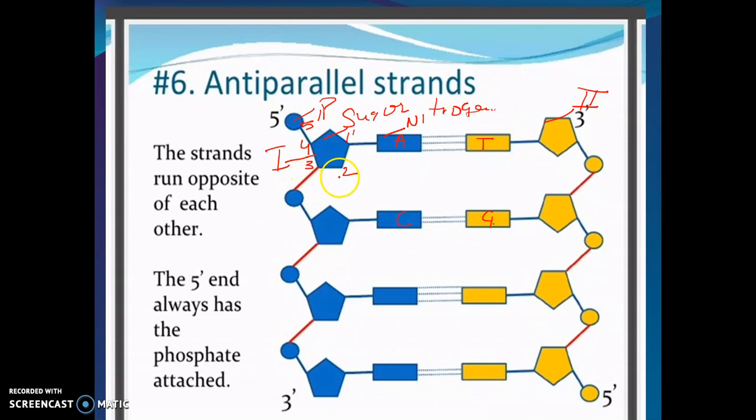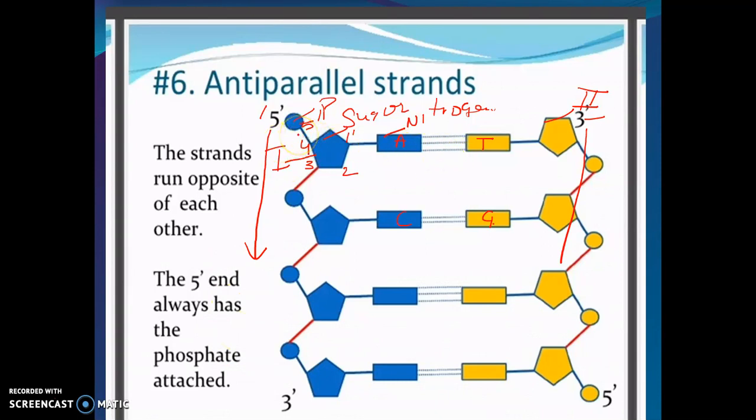The strands run opposite to each other. If we are talking about the strand on your left, the 5 prime is up, which is attached with a phosphate. And the opposite strand, the 3 prime is up, and it goes from 3 prime to 5 prime, and this goes from 5 prime to 3 prime. The 5 prime always has the phosphate attached to it.